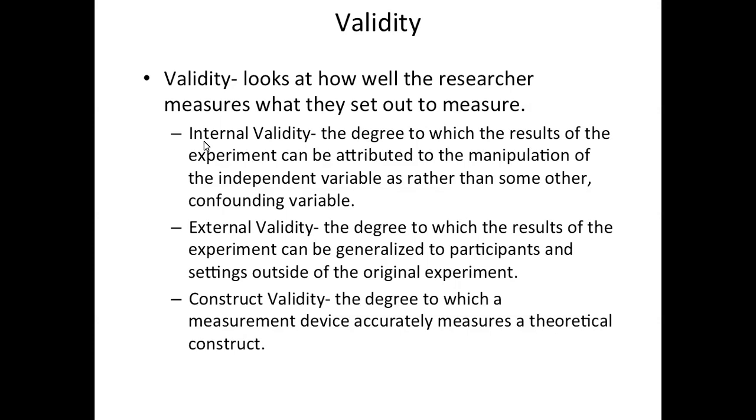External validity is our ability to generalize from our study to the real world, or generalize from our experiment outside of our experiment. And when we talked about it in the observational research lecture, a lab-based observation versus a field-based observation, one of the things we said was that the lab-based observation has greater internal validity because you can control for outside factors.